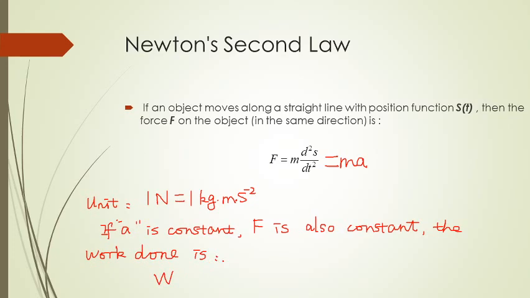We can use W to denote the work. That will be the force times the distance, right? So here the W means the work. The F is the force applied on the object, right? And the d is the distance the object moved.